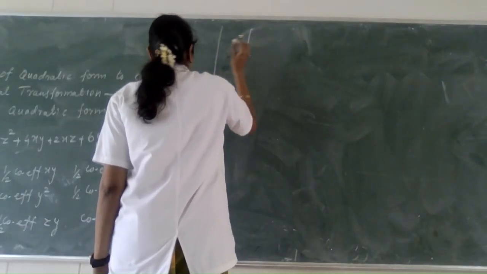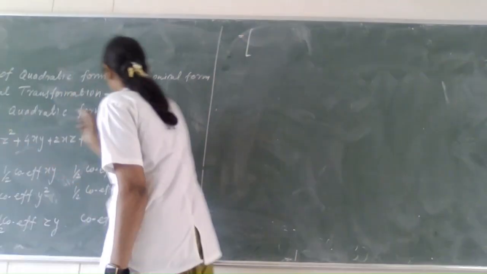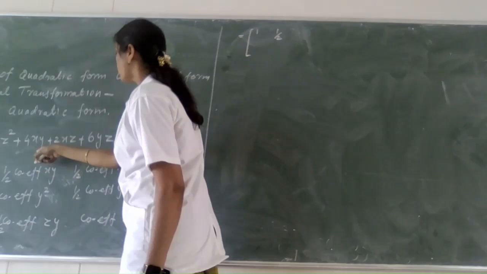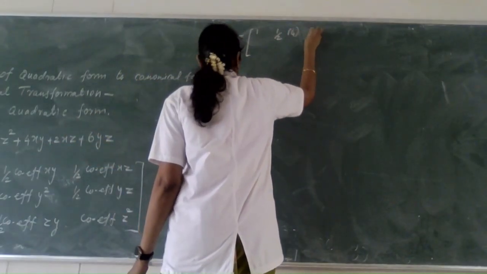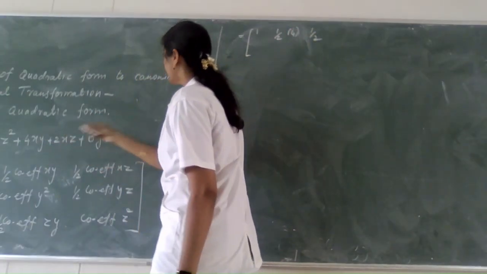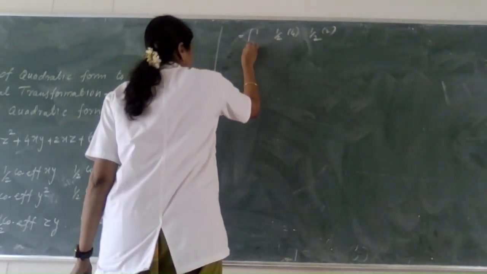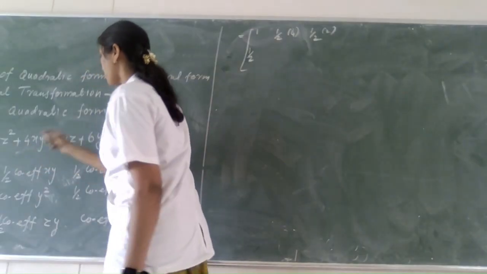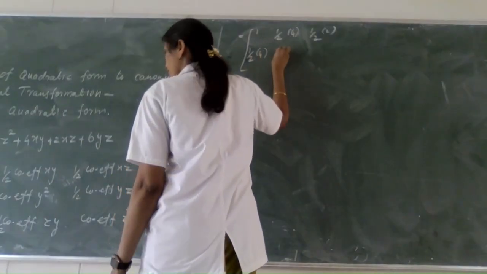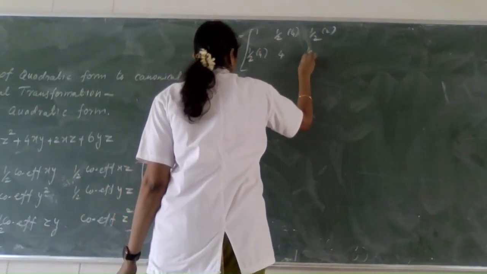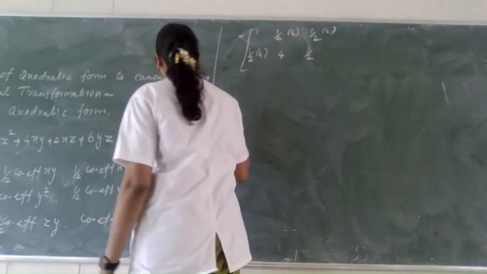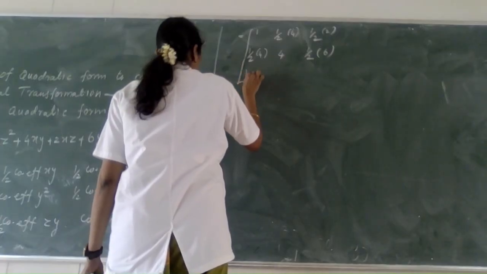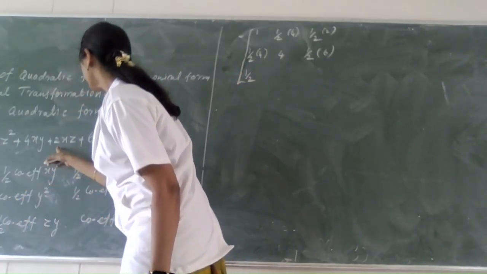First one, coefficient of x square. Here coefficient of x square is 1. So we write 1. Next 1 by 2 into coefficient of xy. So here 4, half of it is 2. 1 by 2 into coefficient of xz. Here 2, half of it is 1. So next one, 1 by 2 into coefficient of yx. xy and yx will be same. Therefore 2. And coefficient of y square 4. And 1 by 2 into coefficient of yz, 6, which gives 3. 1 by 2 into coefficient of zx, and zx and xz will be same.